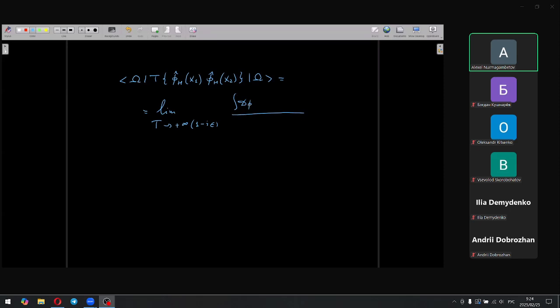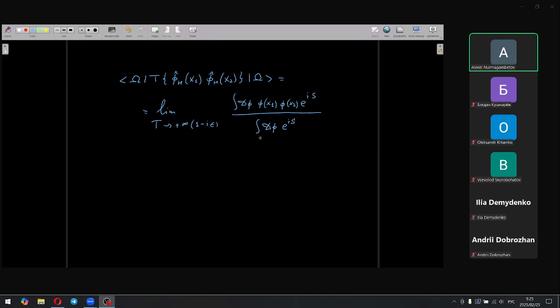The measure of integration comes over all possible trajectories, all possible configurations for scalar fields, phi(x1), phi(x2), exponent i S, where S is the classical action for real scalars. And here we have the combination of exponent of i S over all possible trajectories of the scalar fields.